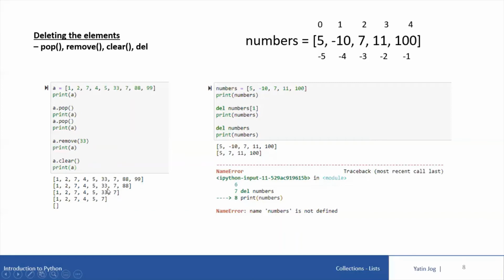So 33 is present here, and it will be removed from list variable A. Then if I say print A, it will print 1, 2, 7, 4, 5, 7. 33 is removed. So irrespective of where it is present, it will be removed from list variable A.